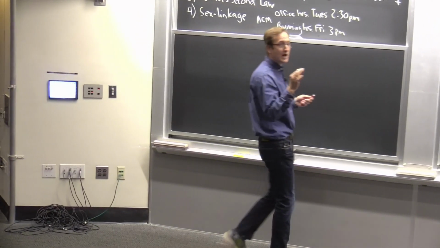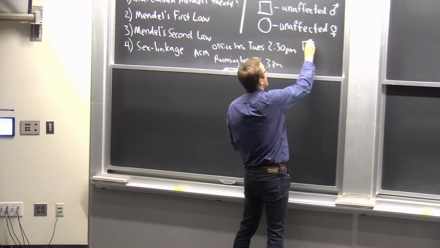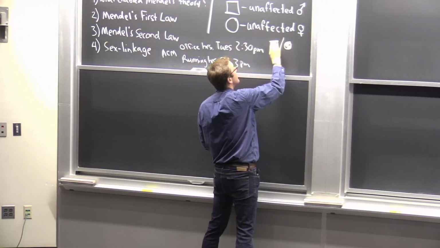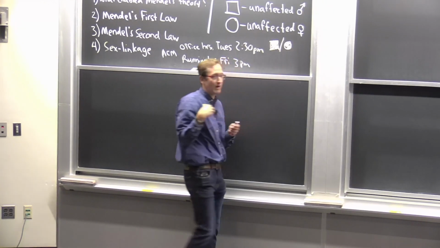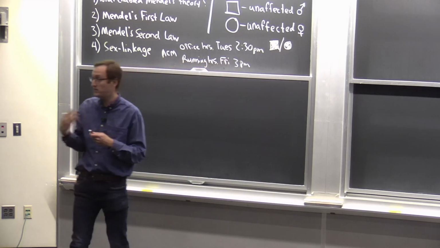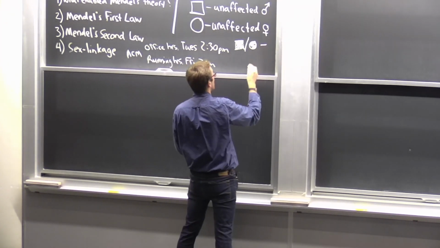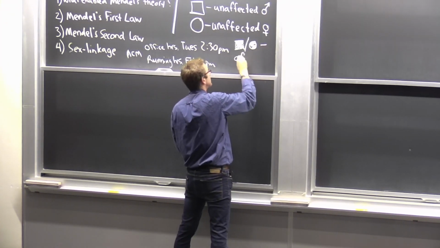And finally, if you have one of these symbols, either male or female, and it's shaded in, that by convention represents an affected individual. So that's an individual that has the disease or trait.